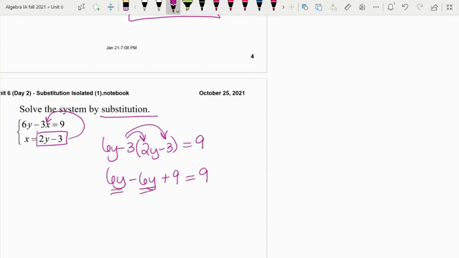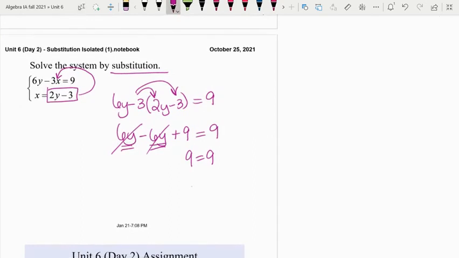Add like terms, 6y, negative 6y, those are gone. So I get 9 equals 9, which is true. So this is always true, so you would have infinitely many solutions.